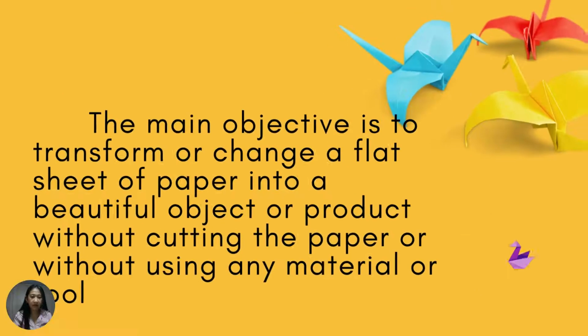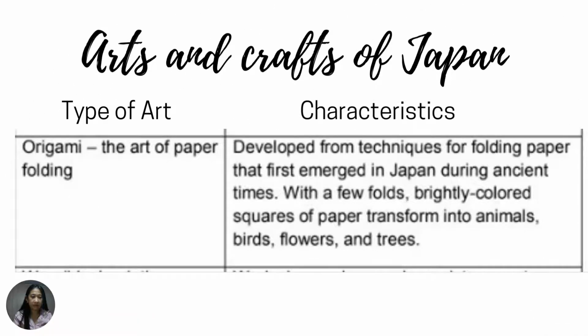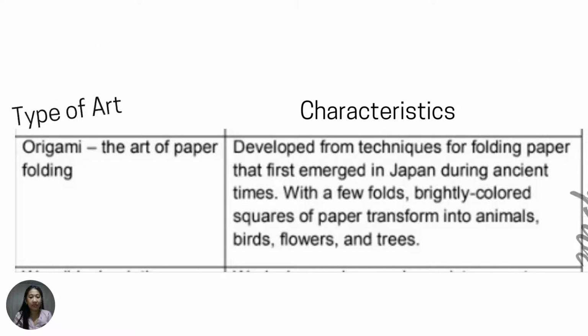Then we have the arts and crafts of Japan. Type of art is origami. It is the art of paper folding. Characteristics: it was developed from techniques for folding paper that first emerged in Japan during ancient times. With a few folds, brightly colored squares of paper transform into animals, birds, flowers, and trees.